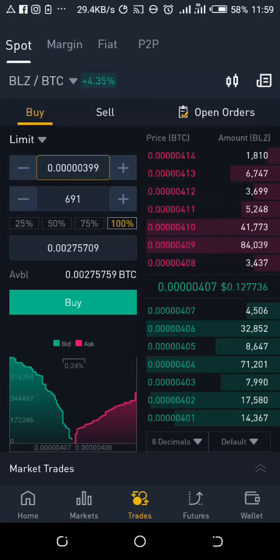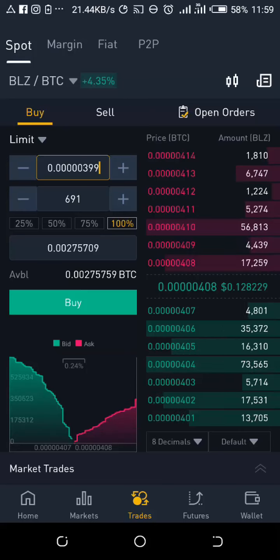It is also advisable not to use 100% of your balance to enter a particular trade. Like not putting all your eggs in one basket, right? So you have to divide it, depending on the amount you have in your wallet. If you have a little amount, you can also trade it with 100%.